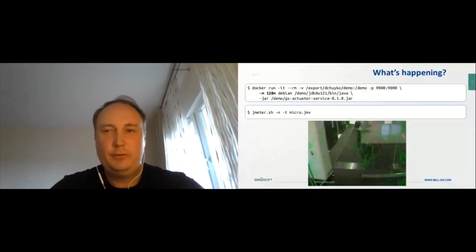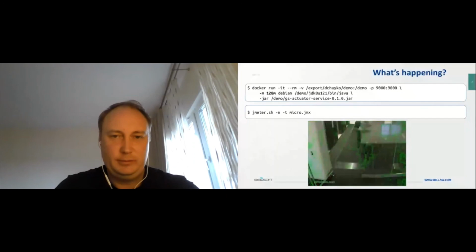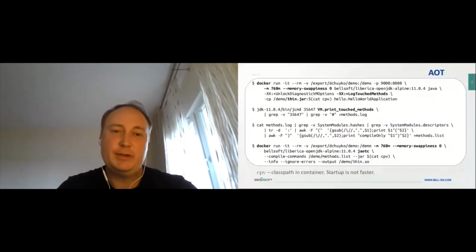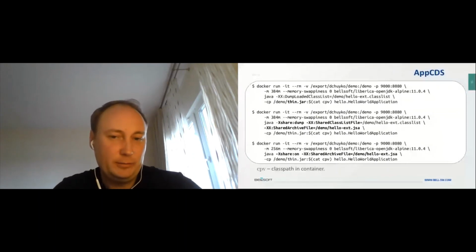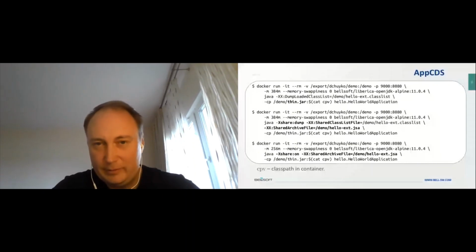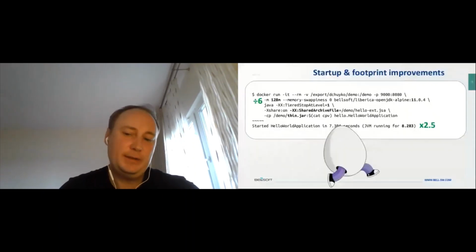And you can also use powerful features of newer JDKs, like ahead-of-time compilation, which doesn't help in this case, but still you may use the slide as a guide on how to enable it in your case. And application class data sharing allows you to use less memory and to start much faster with newer JDKs.